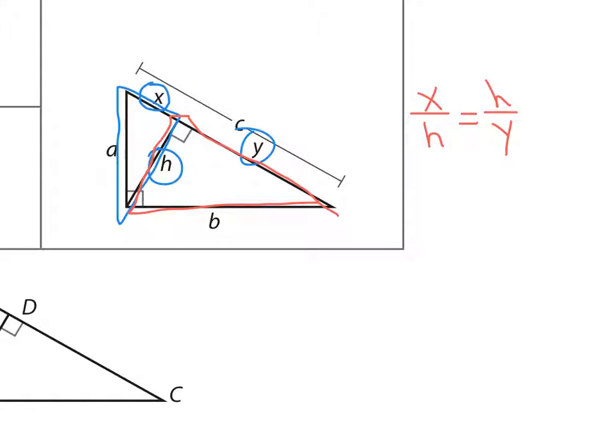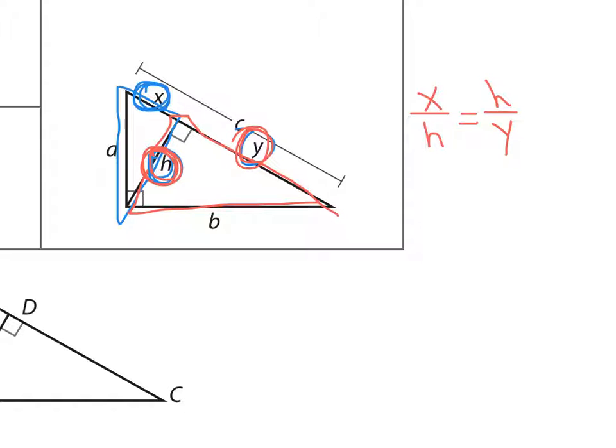And the way you get this is you can see that in this blue triangle, x is the short side and h is the tall side, isn't it? But when you look at this red triangle, h is the short side and y is the long side.